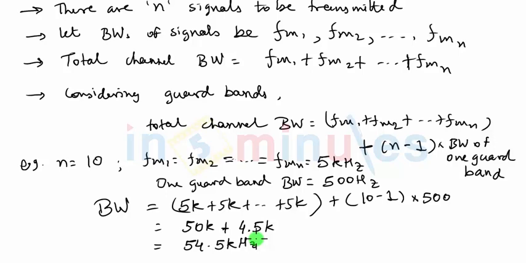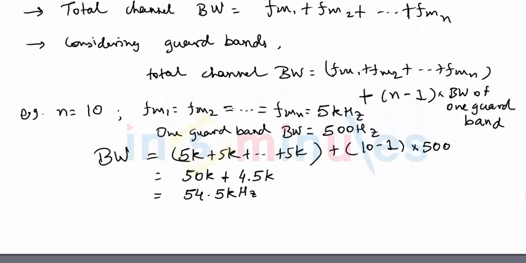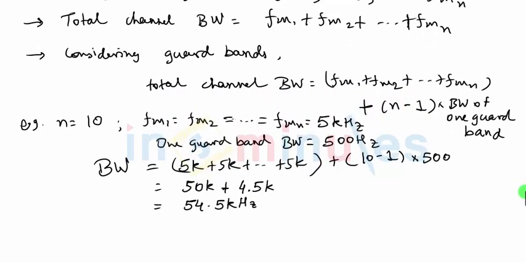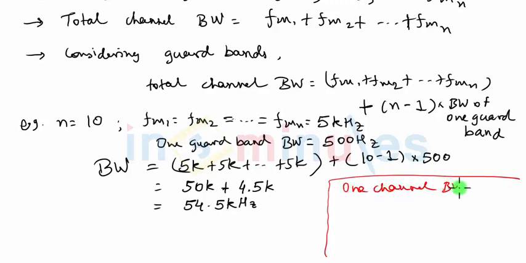So now what is the advantage of doing FDM? It's very simple to understand the significance or the advantage of the FDM system. Let's say I give you one single channel whose bandwidth is 54.5k.